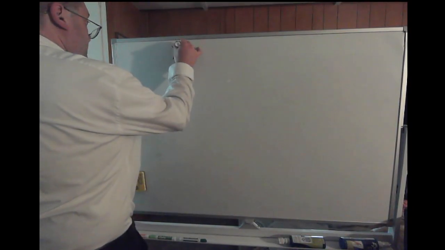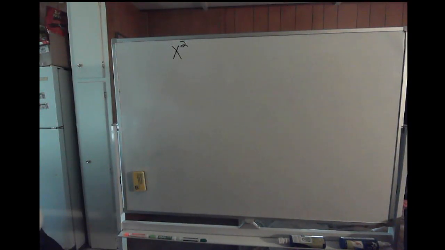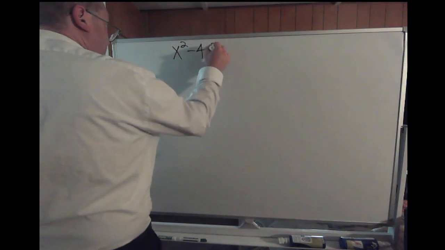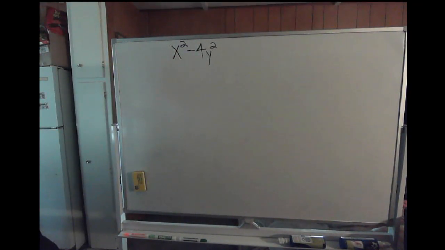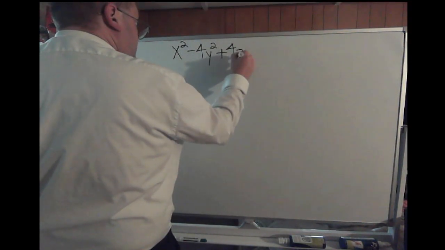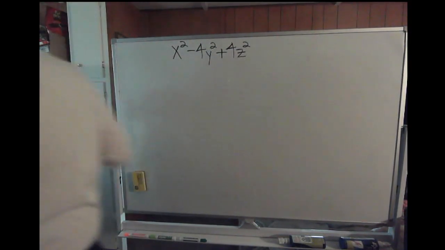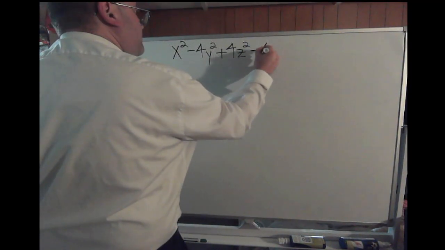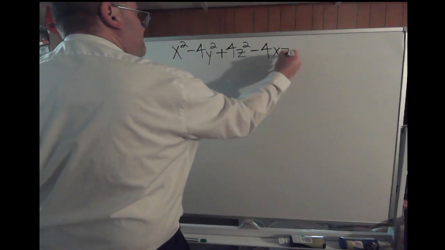Alright, what do we got here? X squared minus 4y squared plus 4z squared minus 4xz.